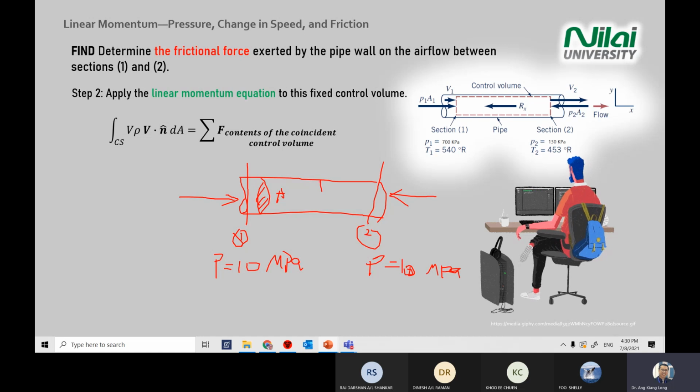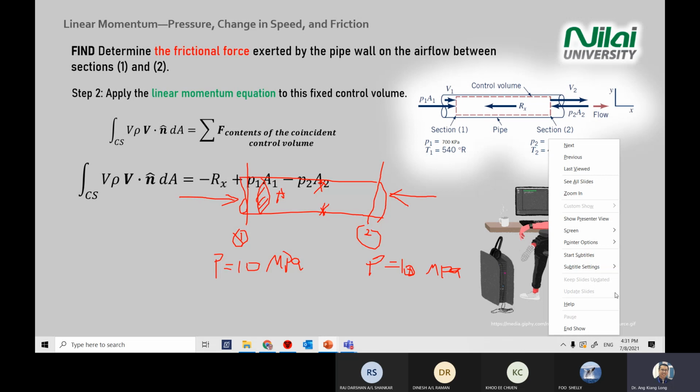And if you ask whether there's a force on this one, yes, there is, but this y component is too small, so we can ignore it. Because the flow is from left to right, the pressure has no time to act on the surfaces, but the surfaces have a friction force. That's why something happens to the velocity, right?